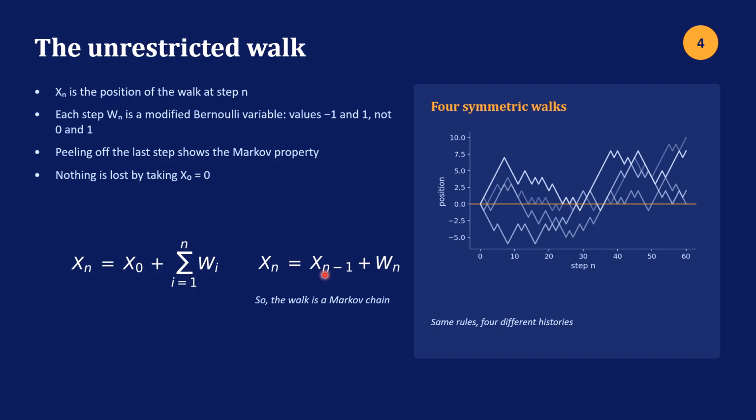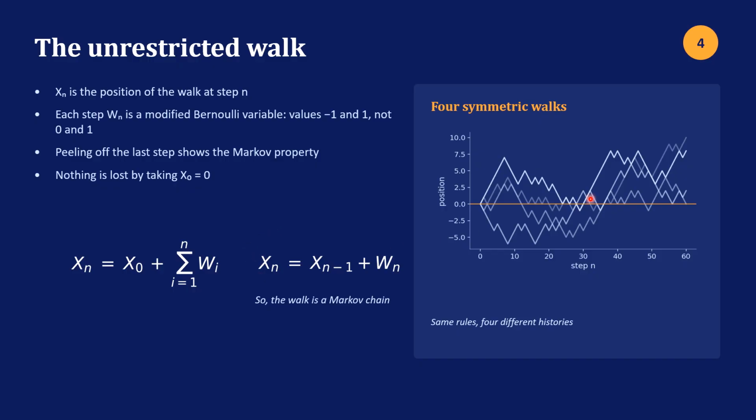And so given that you're at step n minus 1, and the Bernoulli variable for the next step, you can determine, or represent, your x sub n. So this is the Markov property. You only need to know the present state in order to represent the following state. So that was the point to be made here. This is a process following the Markov property.